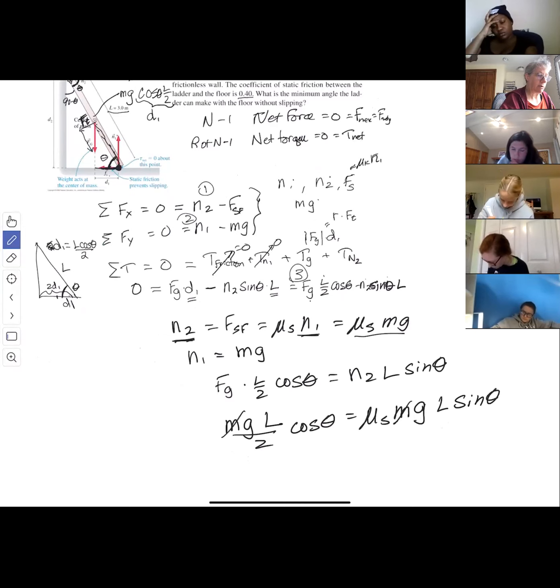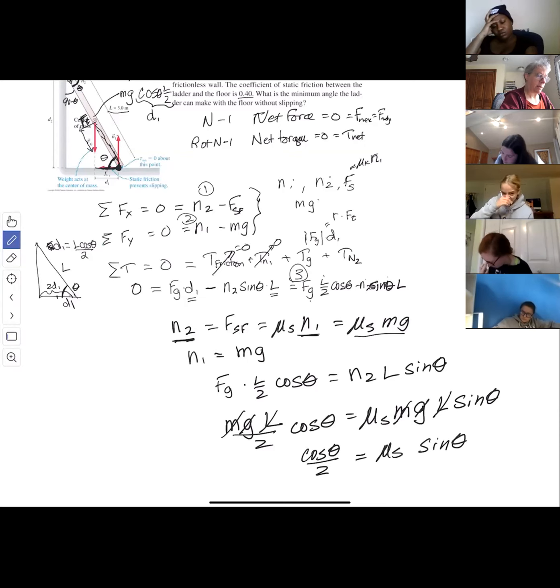Mass cancels out. L cancels out. Nice, not necessarily expected. G is on both sides, so G cancels out. So I've got cosine of theta over 2 is equal to mu s times sine of theta.